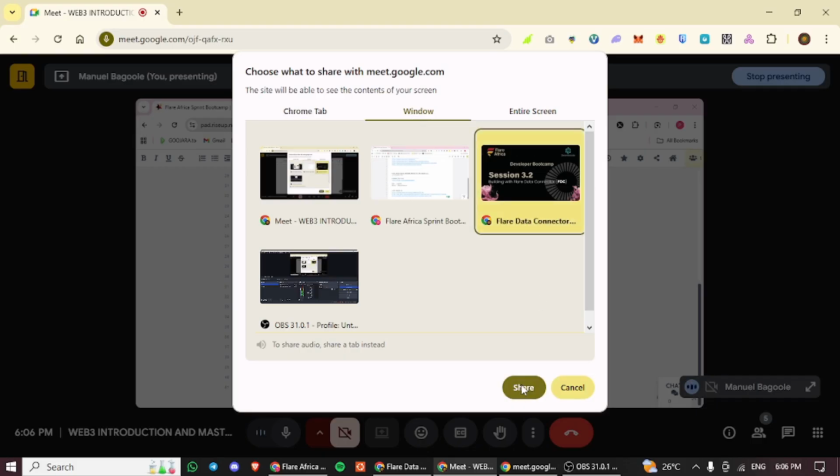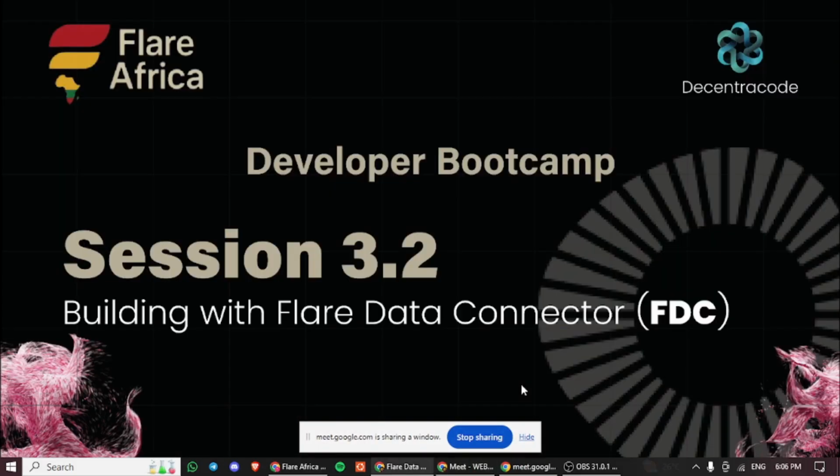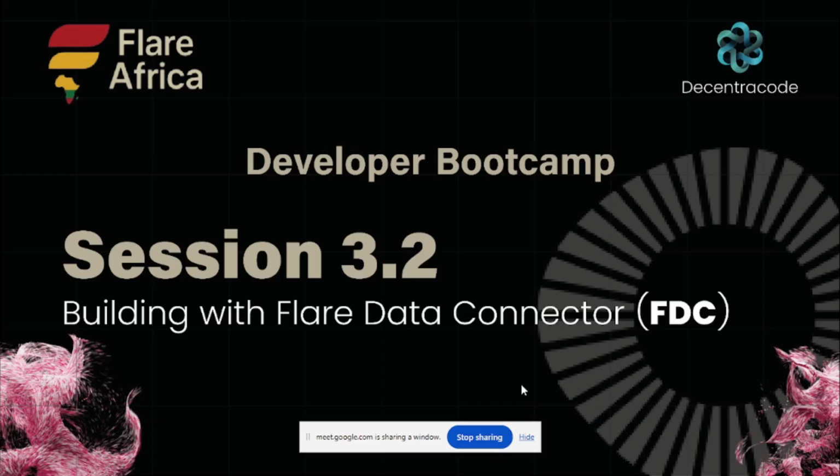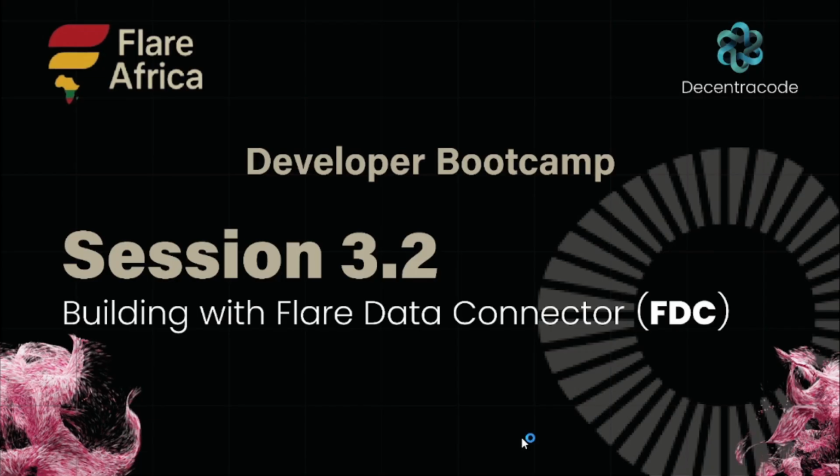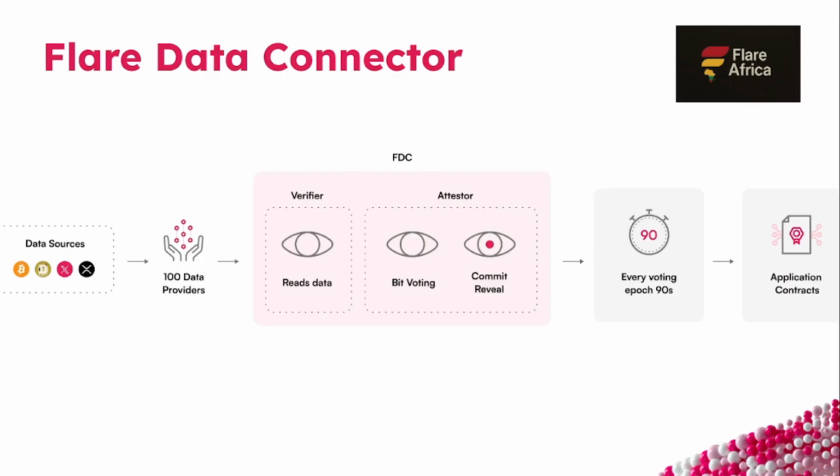So today we'll be looking at Flare Data Connector more practically, but I just want to again go slightly over an overview from the previous session so that we could refresh our minds about it. Like we said the other time, it's Flare's cross-chain protocol, and also the protocol that fetches Web2 data.